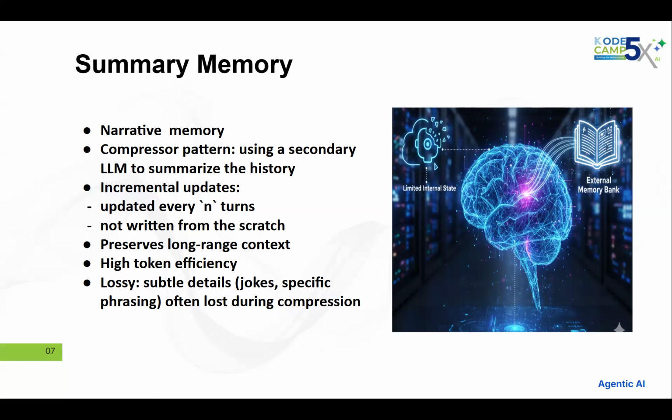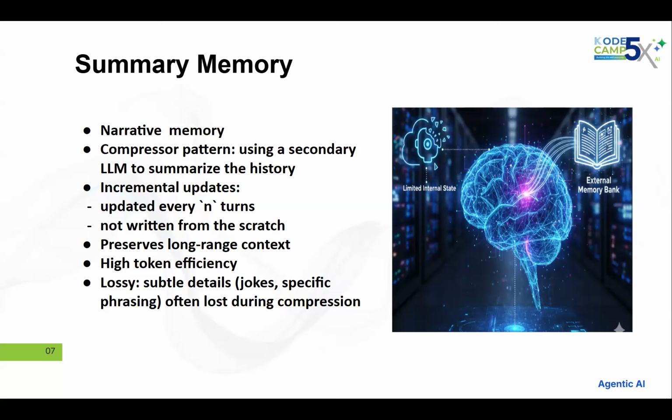So summary memory enables you to capture the agent's history while also making more efficient use of tokens. It's like a narrative memory.